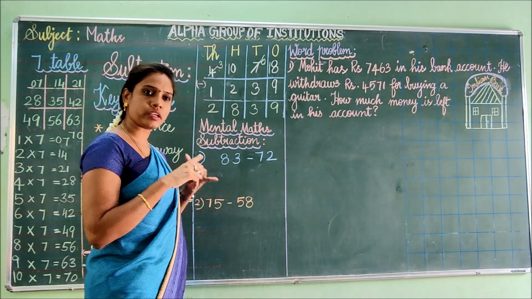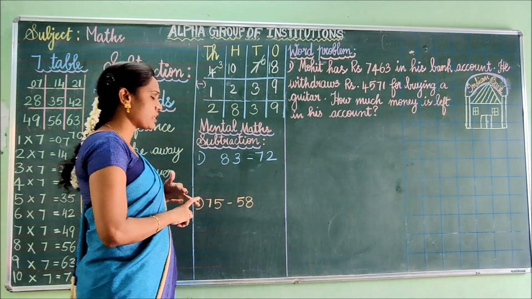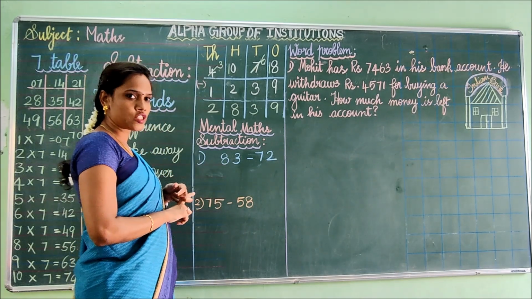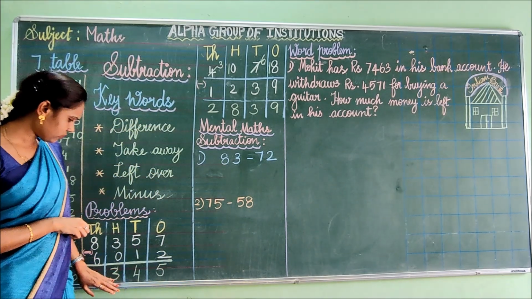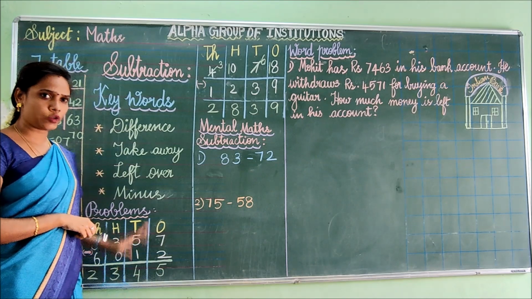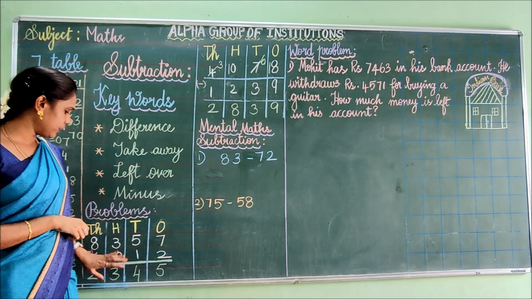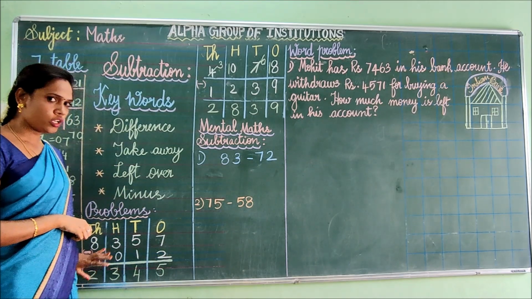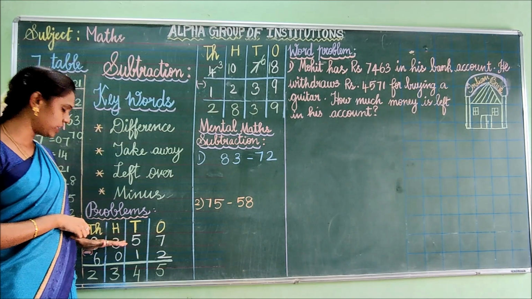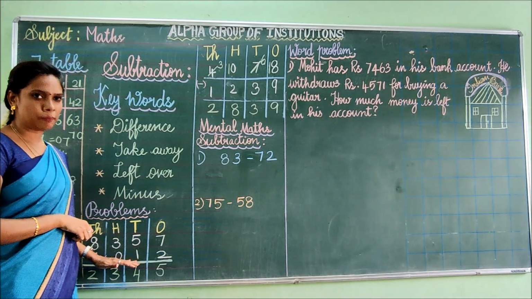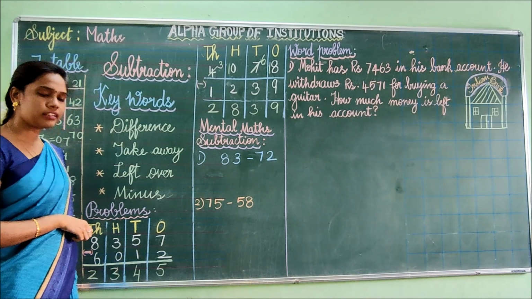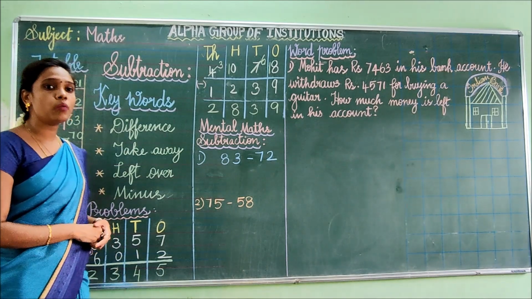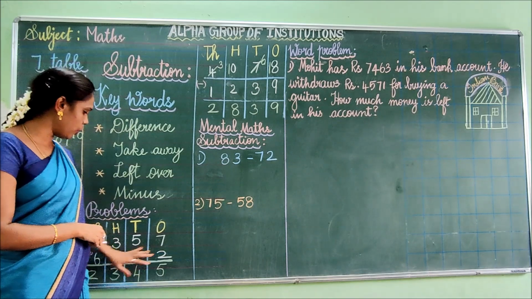So today you have seen 2 different types of subtraction: subtraction with borrowing and subtraction without borrowing. Here we subtracted without regrouping; we did not borrow anything, just directly subtracted.